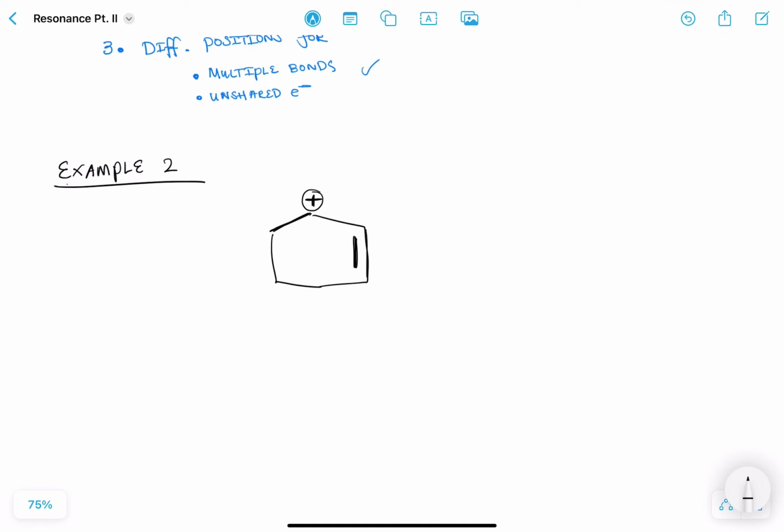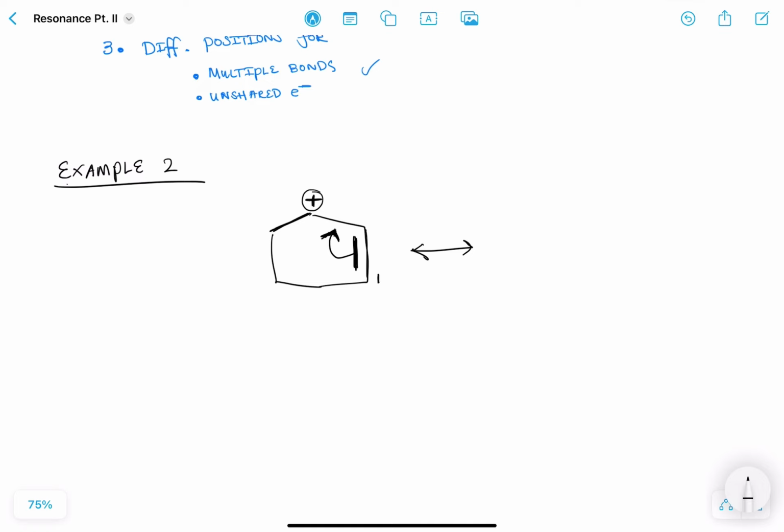The absence of something never moves. So we can't move a positive charge because there's nothing to move with a positive charge. It's the absence of charge. We have to start by moving anything with electron density. So a lone pair or a bond, which is essentially a lone pair shared across two atoms, is what moves. And so when this moves, we have the resonance structure.